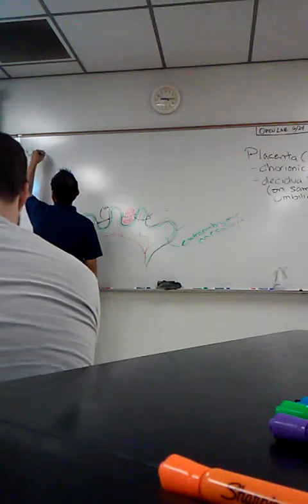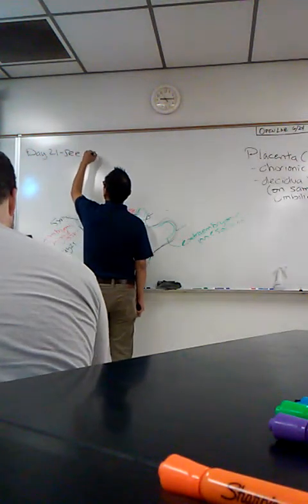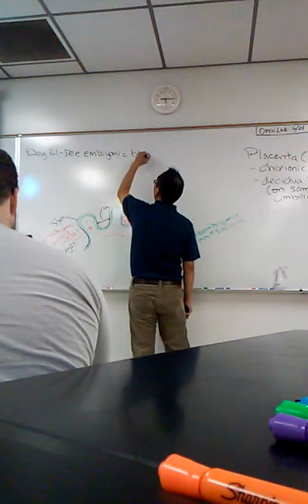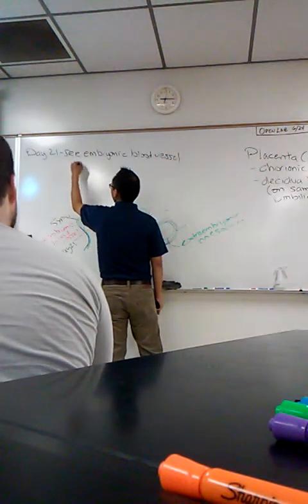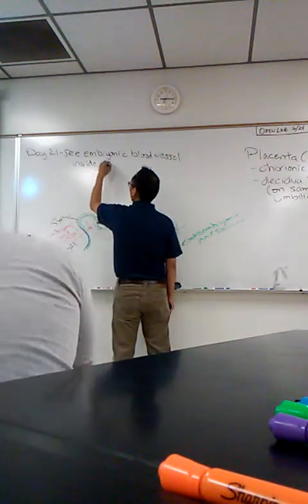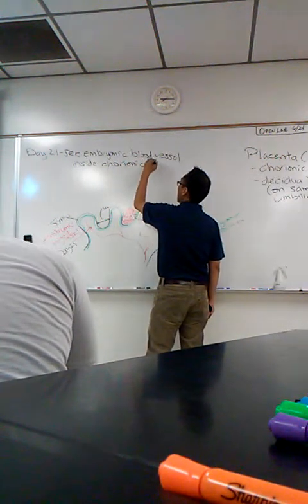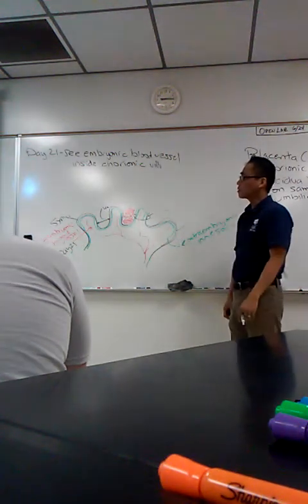By day 21, you see embryonic blood vessels inside chorionic villi. Villi is plural, villus is singular.